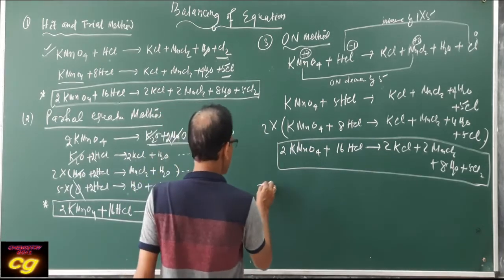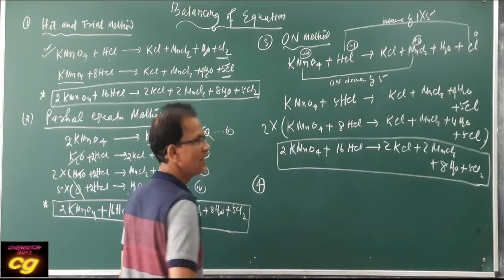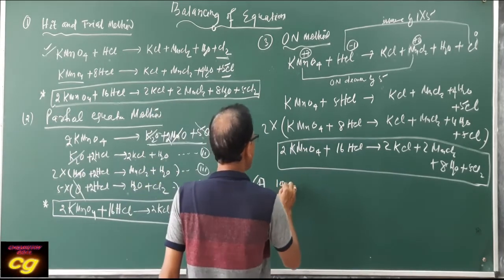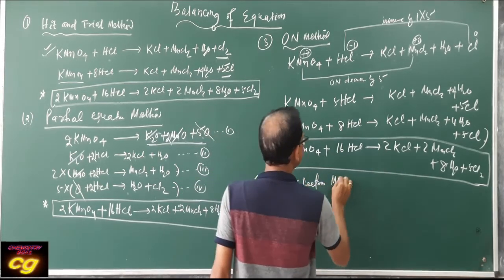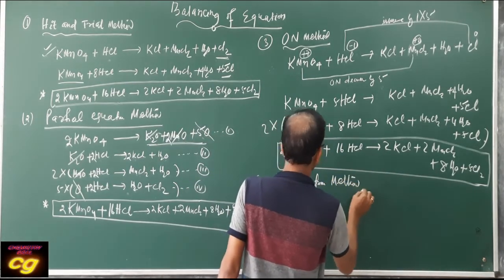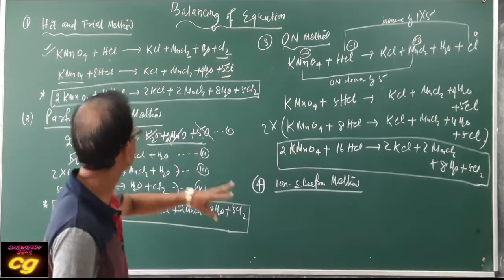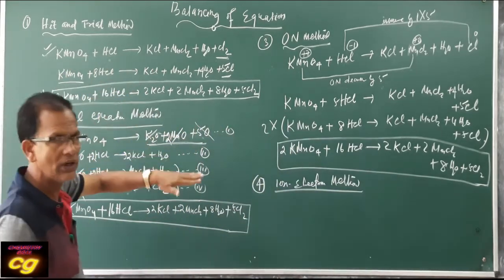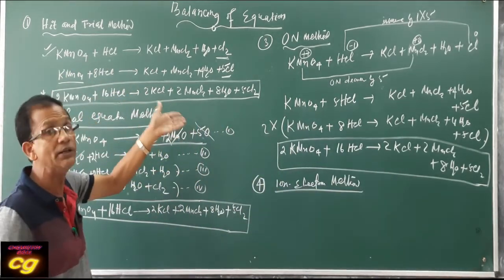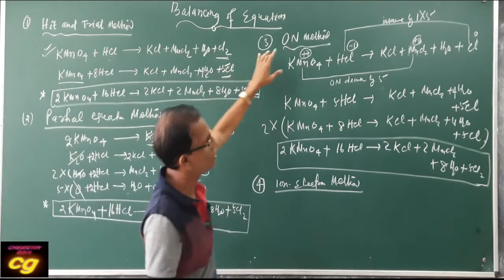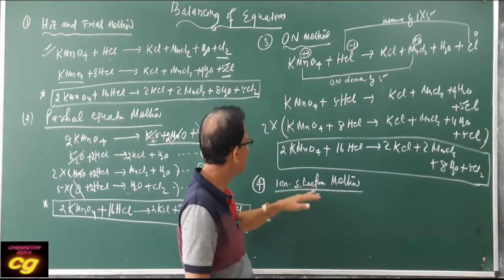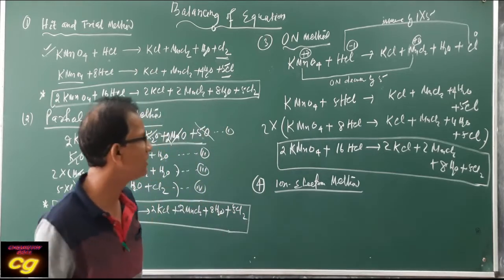Then the fourth method is the ion electron method. I have taken the same example, same equation; we are balancing it in different methods: heat transfer method, partial equation method, oxidation number method. Now we are going to use the ion electron method.